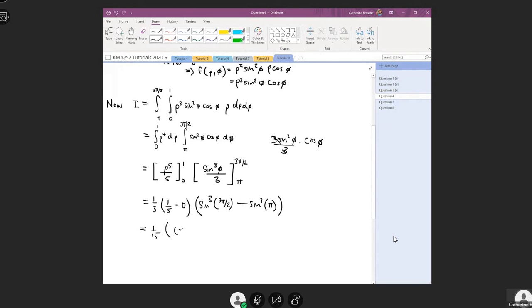So I get minus 1 on 15 as before. So again, we've played around with the integral. We've written it using other variables, but we're still getting the same answer. So if you find you're not getting the same answer for any of them, you know you've done something wrong, and you should look at it further to see where your error is.